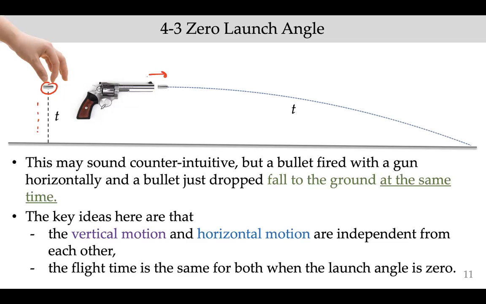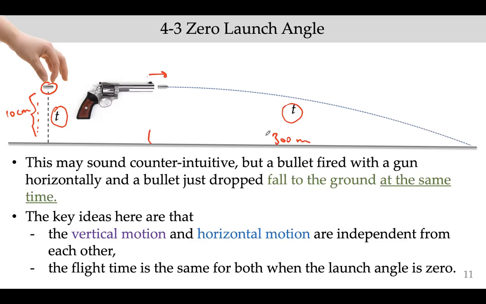If this bullet is released, and at the same time this bullet is fired, then the time it takes for both of them to fall to the ground is actually the same. Maybe this bullet goes in the x direction, let's say 300 meters. And let's say this height is maybe 10 centimeters.